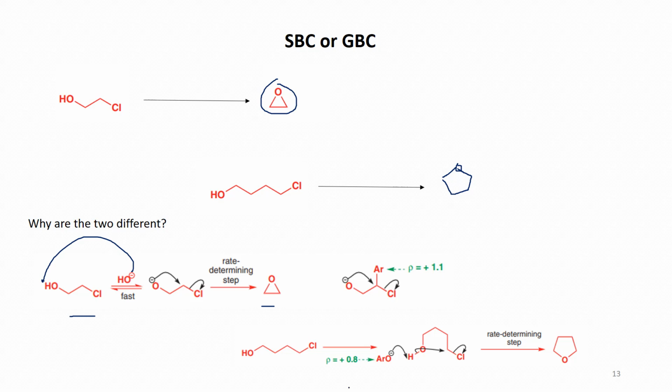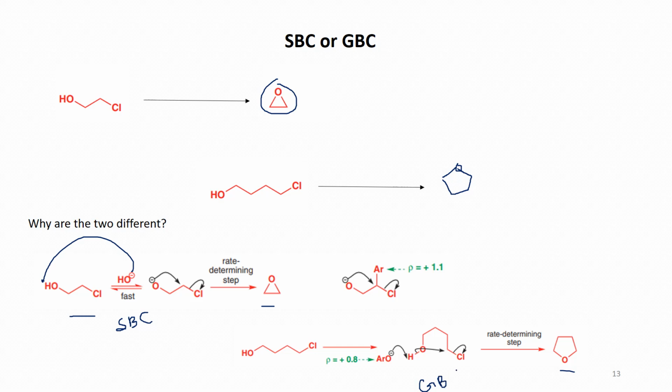Whereas in the other case, the base just activates our nucleophile by taking up the proton, and no anionic intermediate is formed, and the reaction takes place forming our desired product. From the mechanism you can understand that one reaction is going through specific base catalysis, but the other through a general base catalyzed reaction.